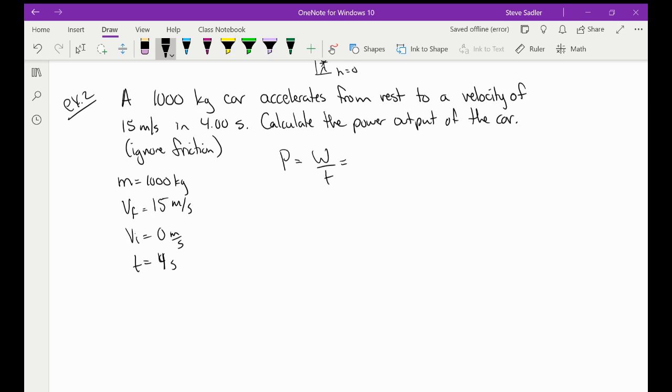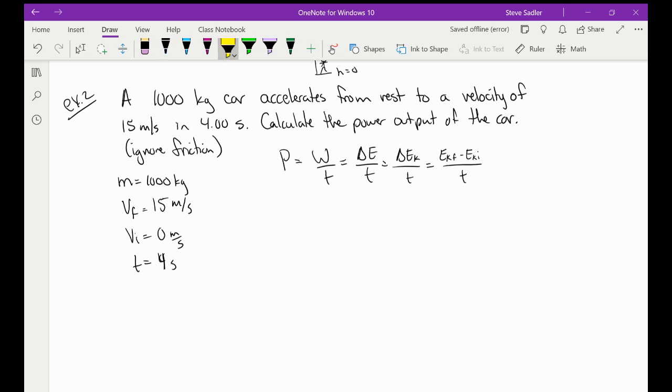We can also think of work as change in energy over time, and what energy is changing? Well, we've got a velocity, and we're changing velocity. So for changing velocity, we must be changing kinetic energy. So EK over time. And we know change in anything is EK final minus EK initial over time.